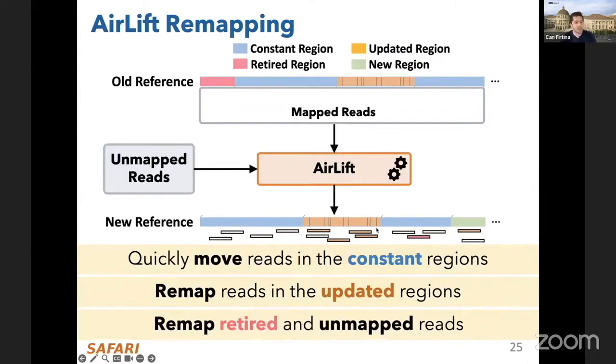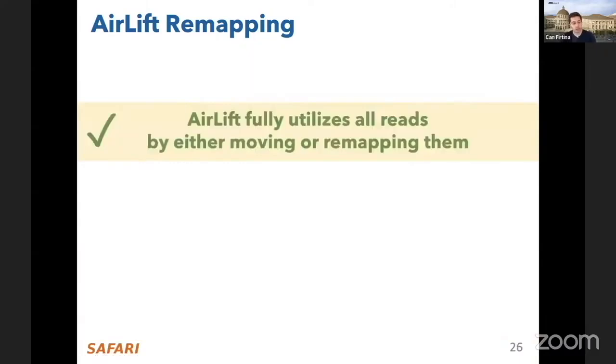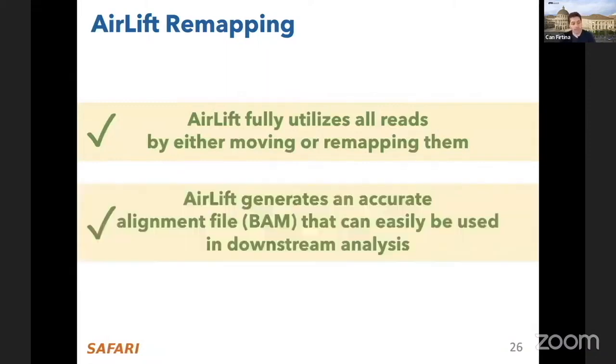And last, we again map all unmapped reads to the new reference genome. So by following all of these steps, AirLift fully utilizes all the reads by either moving or remapping them. And AirLift generates an accurate alignment file, a BAM file, that can easily be used in downstream analysis.